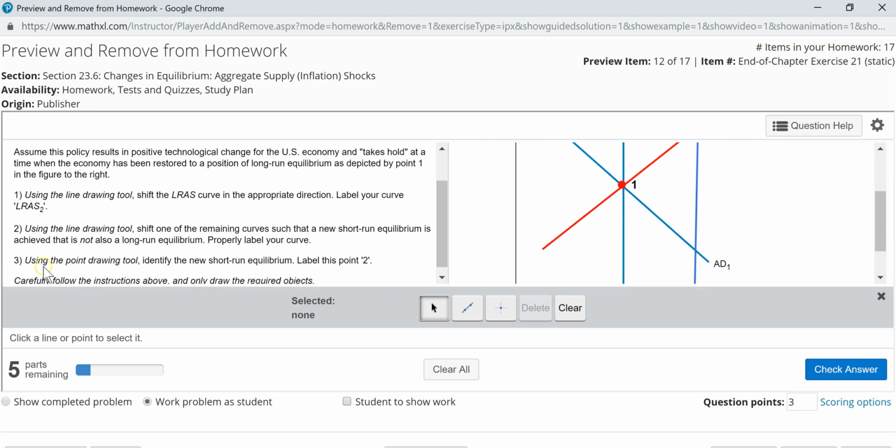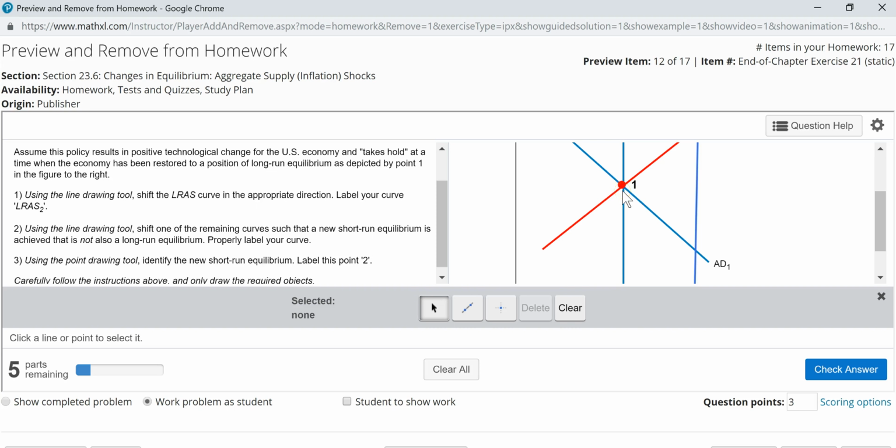So the second part of this question is basically talking about some intermediate short-run equilibrium, because right now the output is lower than the potential, so there's a slack. It's like a recession, right? It's a snag in the economy.